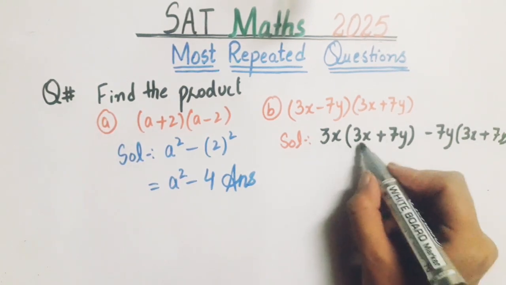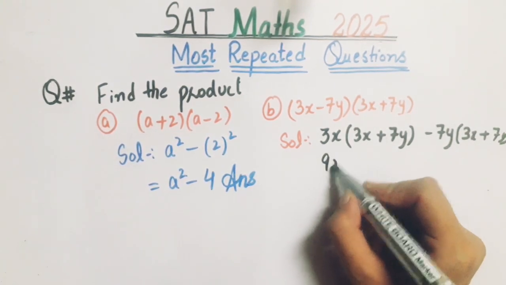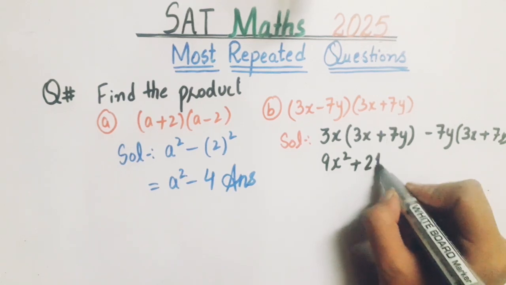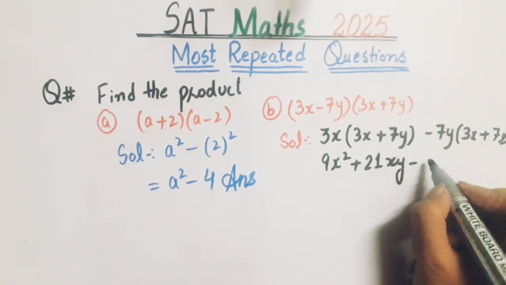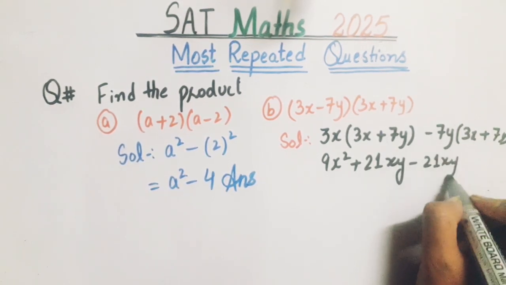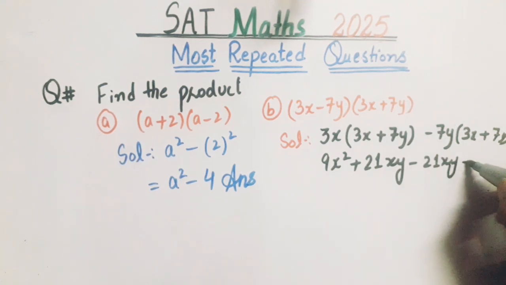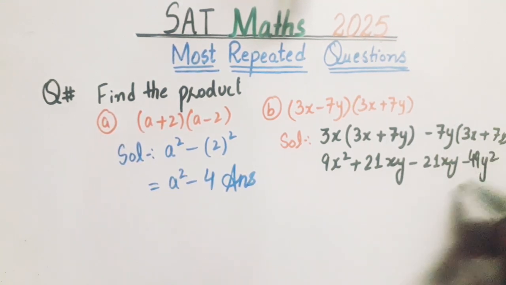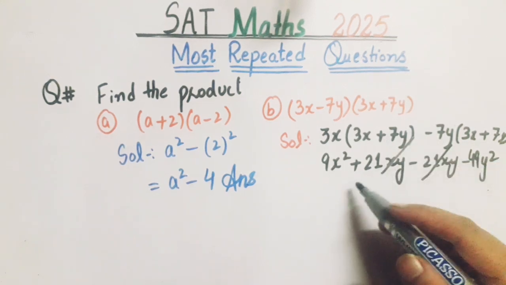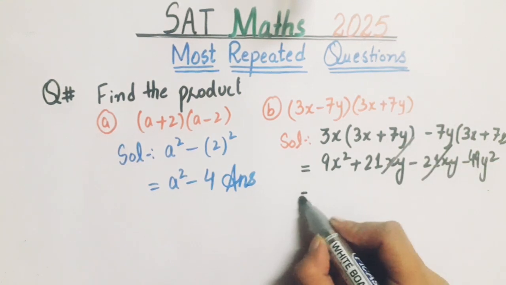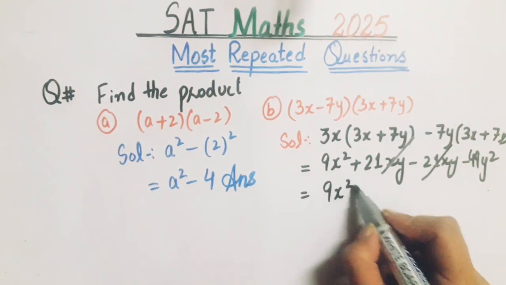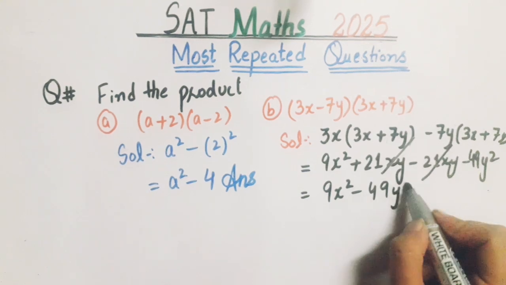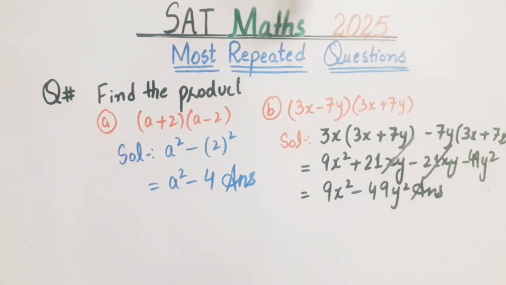So we get 3 into 3 is 9x square plus 21xy minus 21xy minus 49y square. So 21xy and minus 21xy both cancel out and the remaining is 9x square minus 49y square. So this will be the answer.